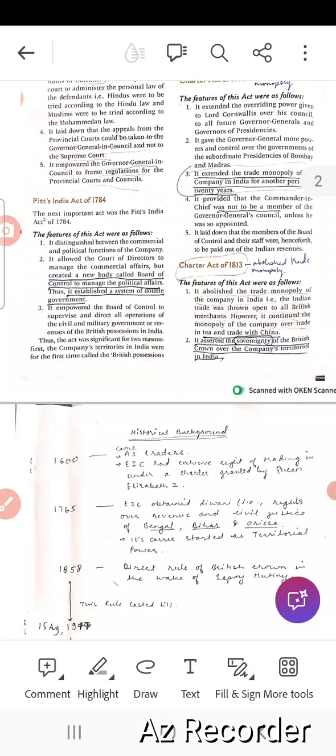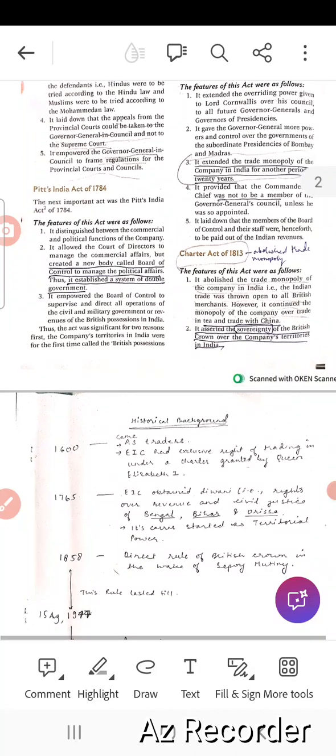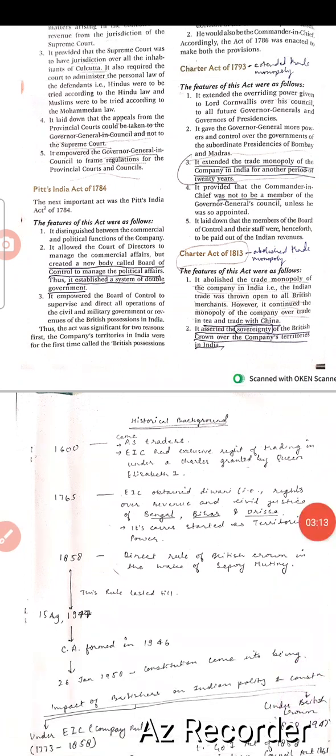Okay, then the next important point is the board of control got immense power regarding civil and military government or revenues. The important functions were seen by the board of control, the newly created body, and the previous body, that is the court of directors, was confined to the commercial functions only.